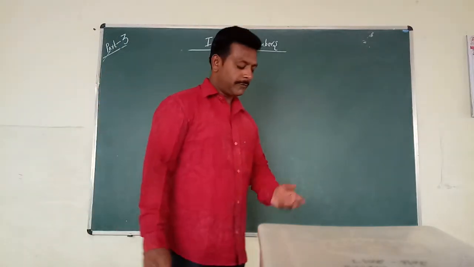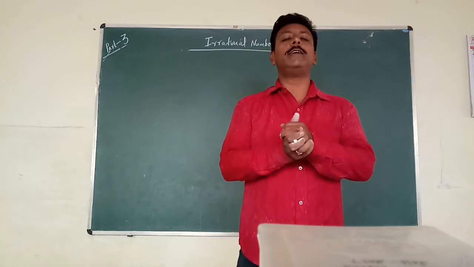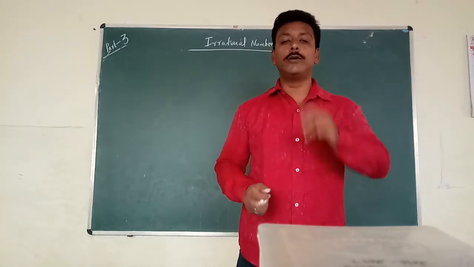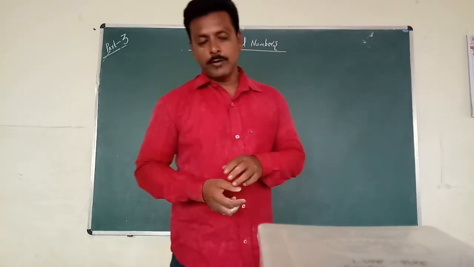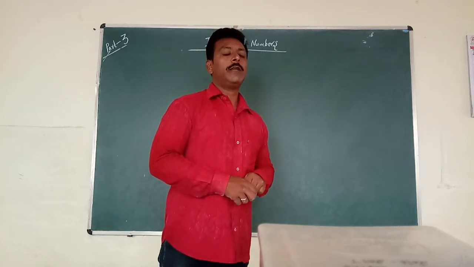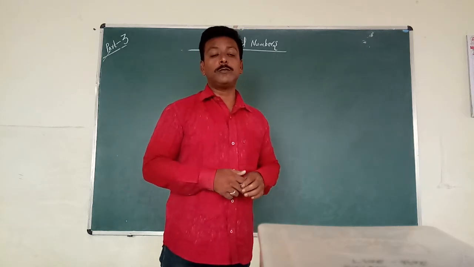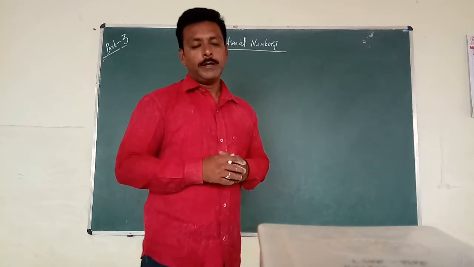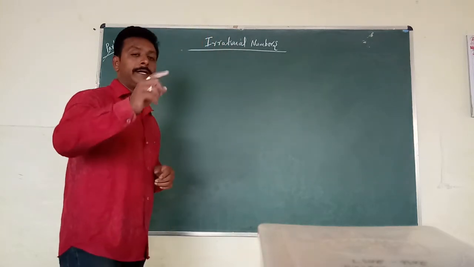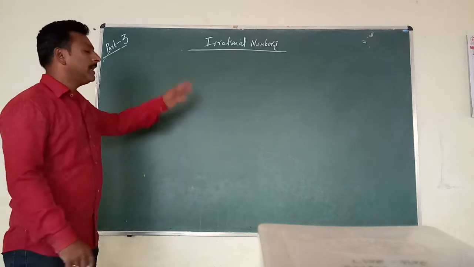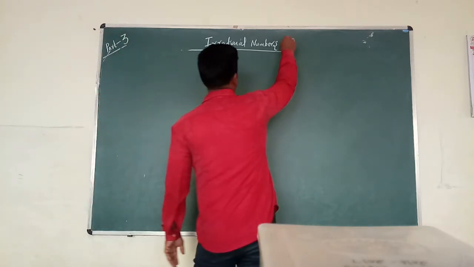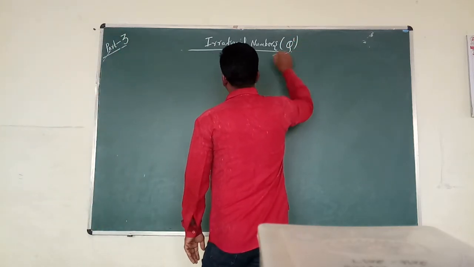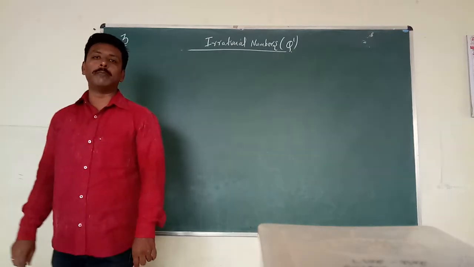Yes students, so far whatever we discussed is related to rational numbers. We already finished one exercise, 1.1. Now we have to continue our chapter. Now we are moving towards the second type of numbers, which are called irrational numbers. Already I said Q dash is the symbol of irrational numbers.